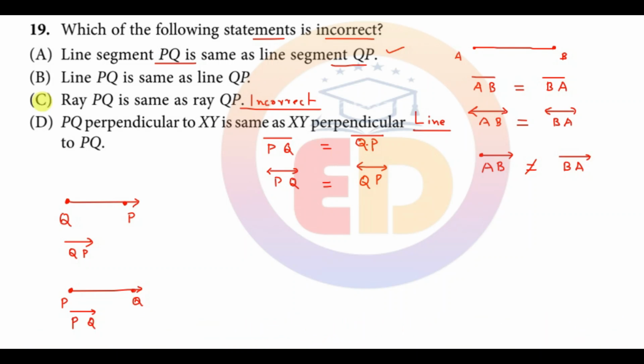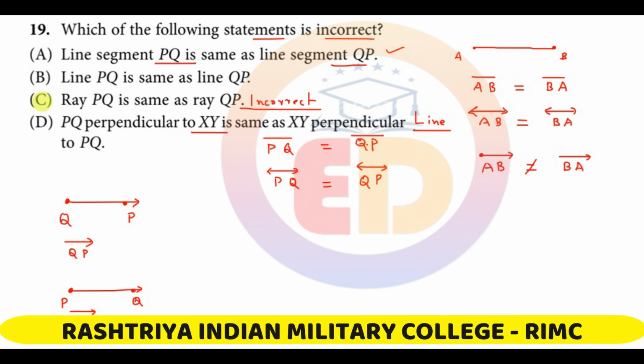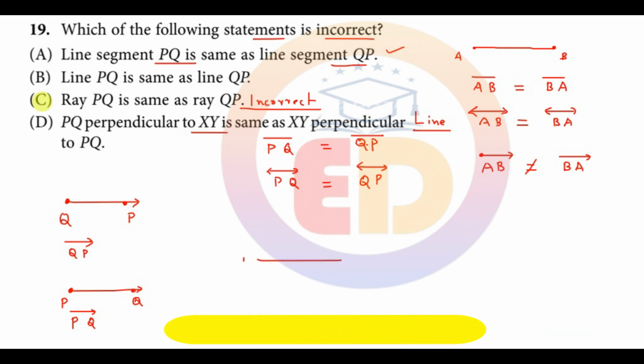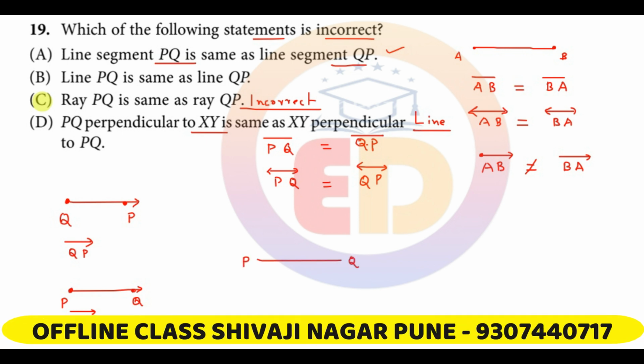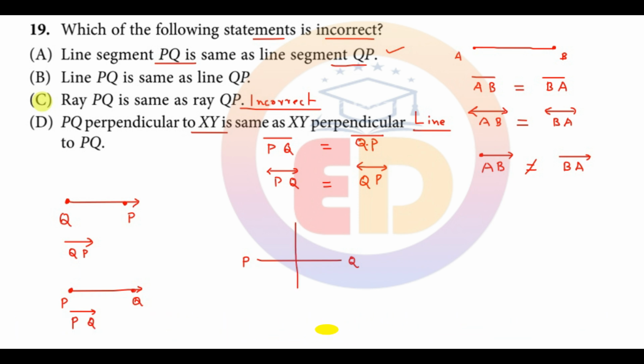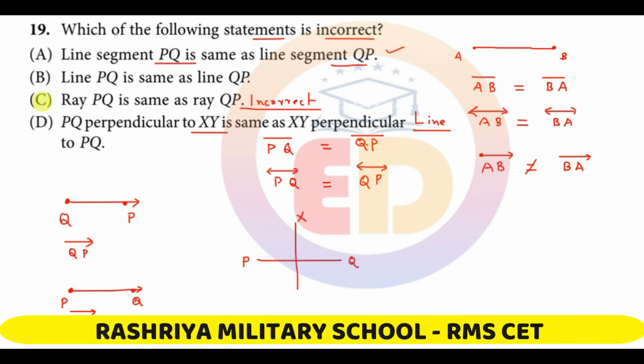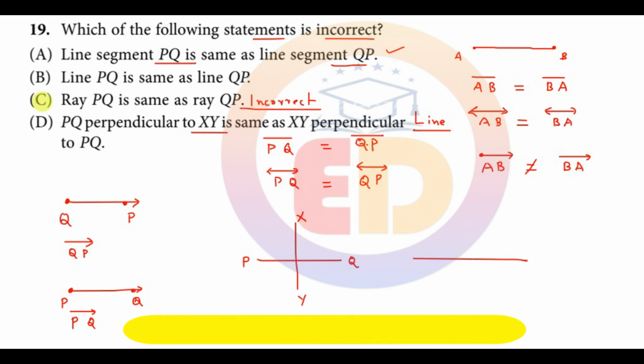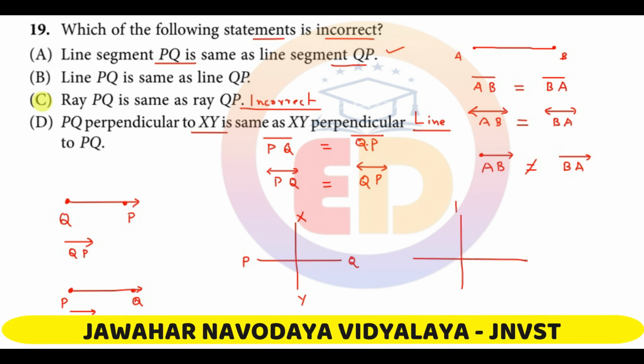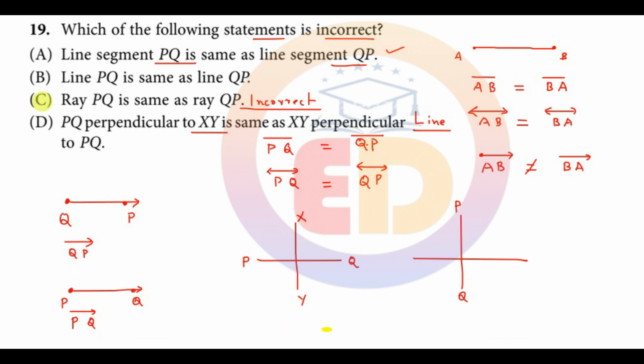Now since we are analyzing all the options, let's look at the fourth one. PQ perpendicular to XY is same as XY perpendicular to PQ. Let's have a look. Suppose this is line segment PQ and this is the line segment XY. Let's make another diagram where we name them like this, PQ and XY.